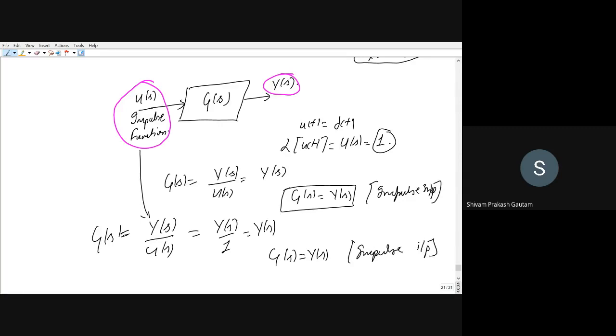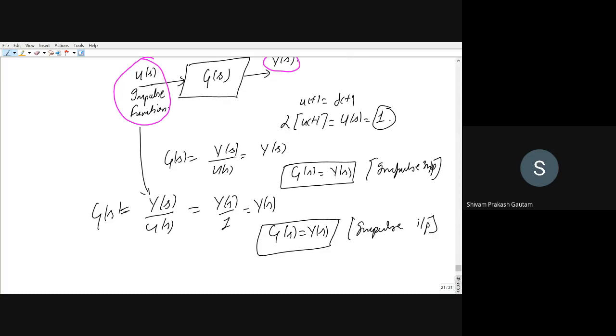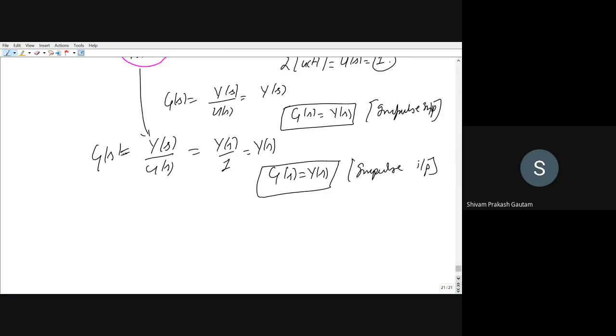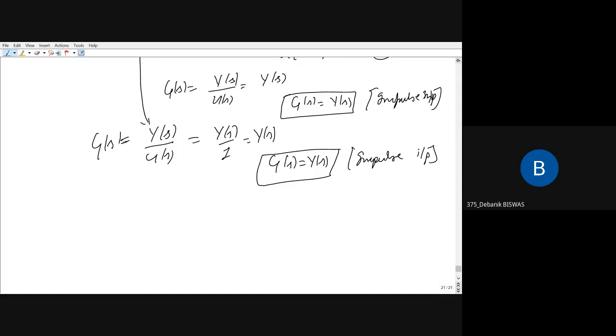If your input signal is an impulse signal, then the transfer function will be equal to the Laplace transform of output. Is it okay? Yes, sir. Okay.